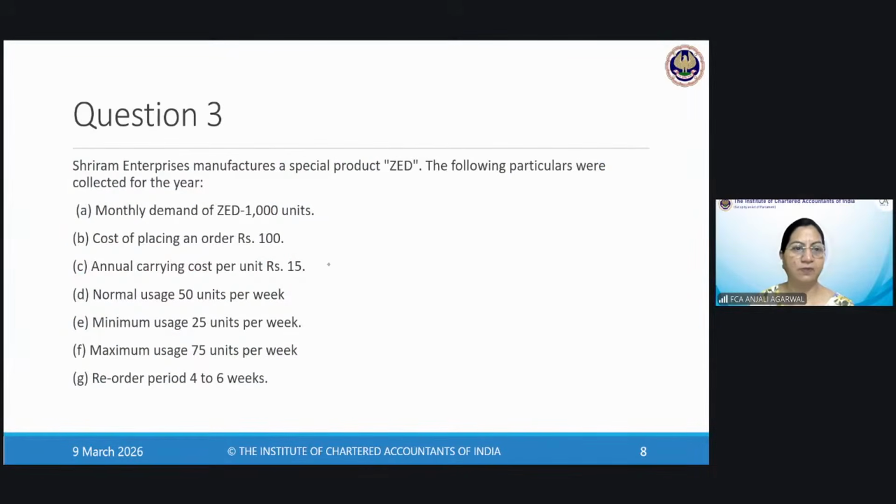Next, we will talk about reorder levels. When you talk about reorder levels, generally questions will give you your maximum consumption, average, and minimum consumption.